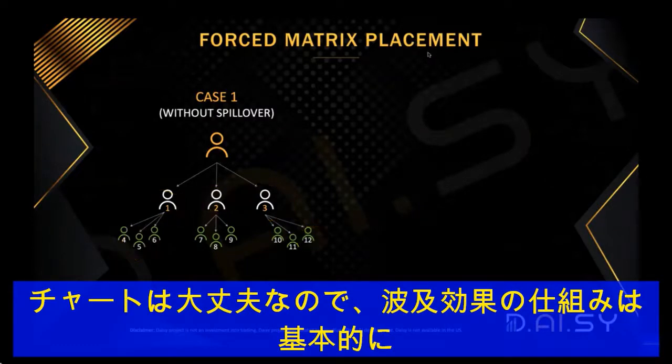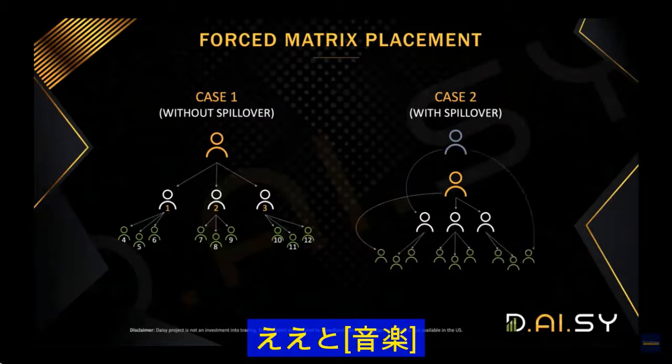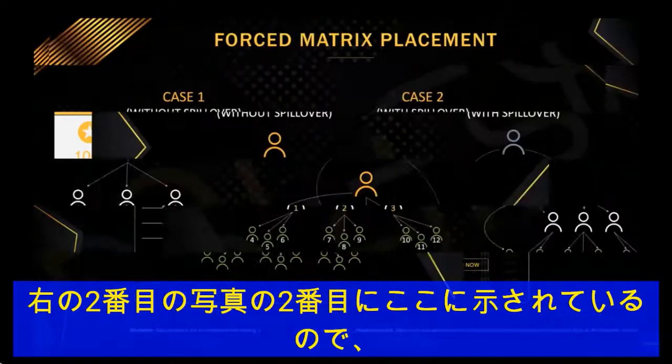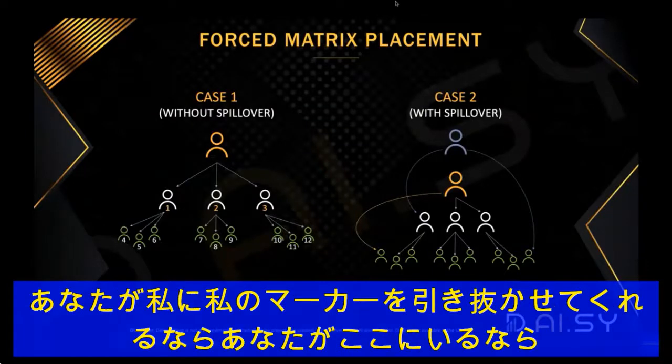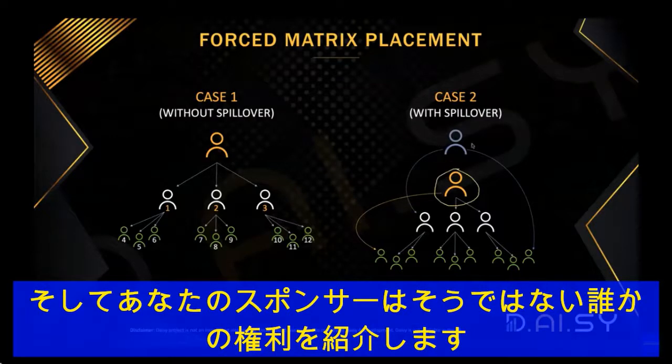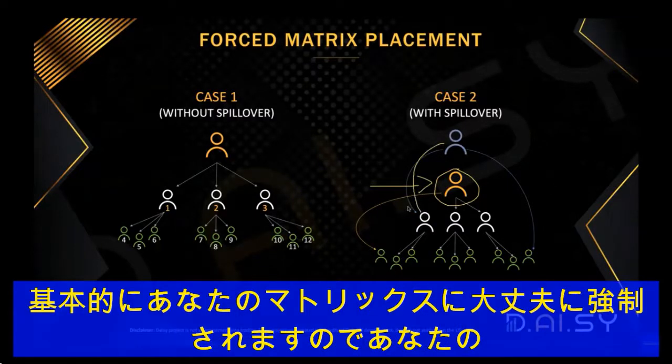Okay. So the way spillover works is shown here on the second picture, right? So if you are here, let me pull out my marker, and your sponsor refers someone that doesn't have a place in this generation, that person will be forced down to your matrix, basically.